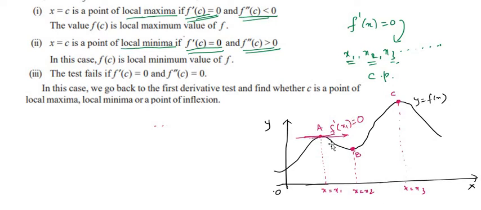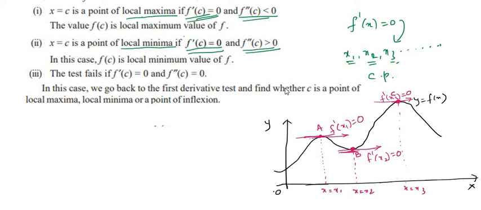Therefore all these extreme points are critical points. This A, B, C we call the critical points. If I draw the tangent at all these points, the tangent will definitely be parallel to the x-axis. That's why the slope f dash will be 0. If a line is parallel to the x-axis, definitely its slope will be 0. That's why f dash of x1 is equal to 0, f dash of x2 is equal to 0, and f dash of x3 is also equal to 0.